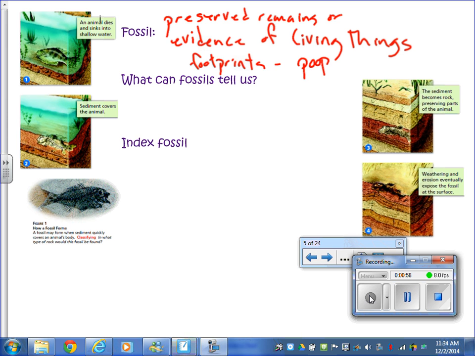Fossilized poop is actually known as coprolites. The best thing is the reason why it's called coprolites. As scientists were studying these things, there were two scientists who were very, very competitive.